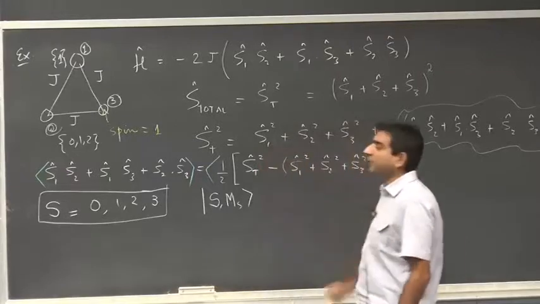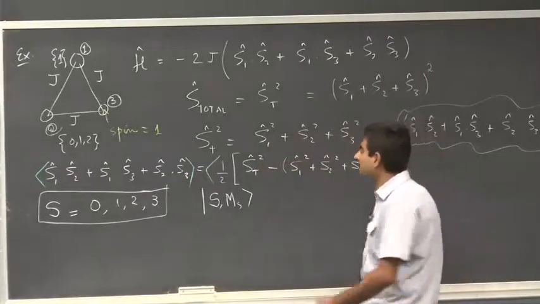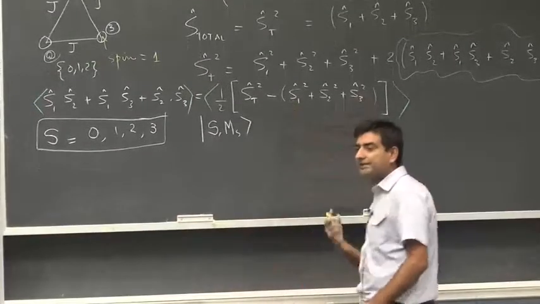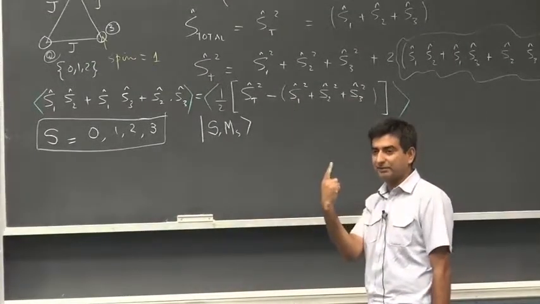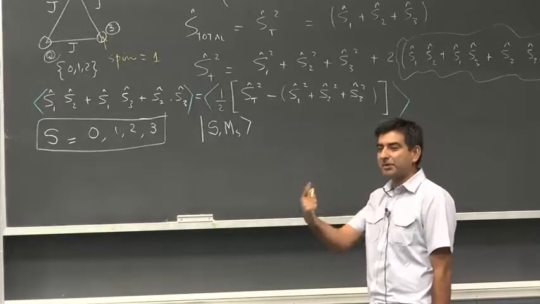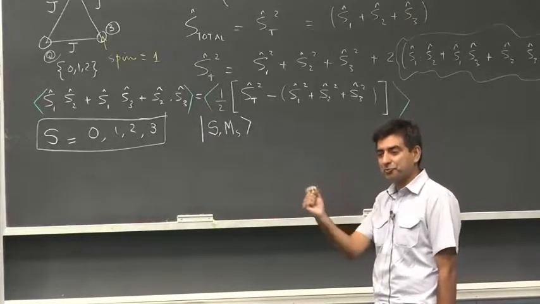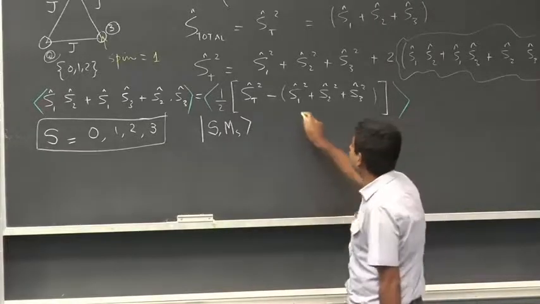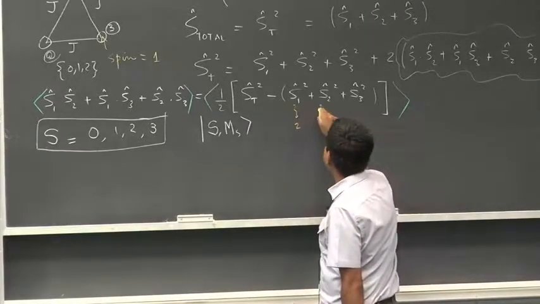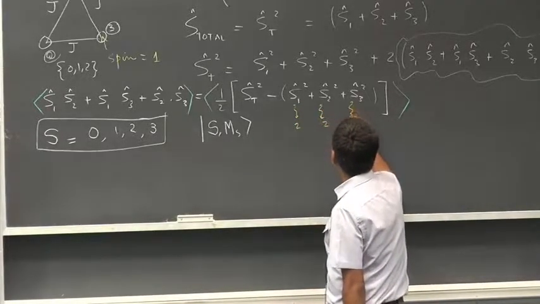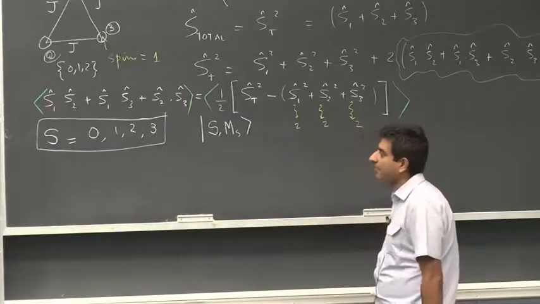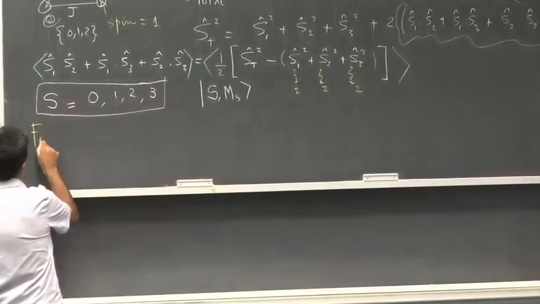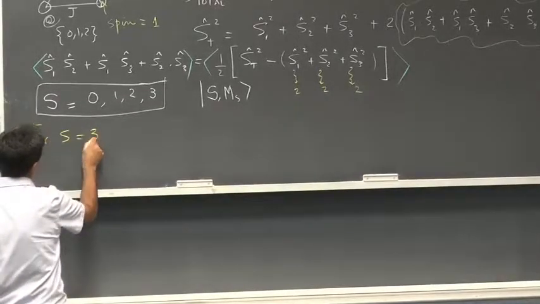Now S1 squared, what's the expectation value of S1 squared? S1 is just 1. So 1 into 1 plus 1, 1 into 2, 2 h bar squared. Okay? So this can take up a value 2, this can take up a value 2, this can only take up a value 2. So now let's take S equals 3.